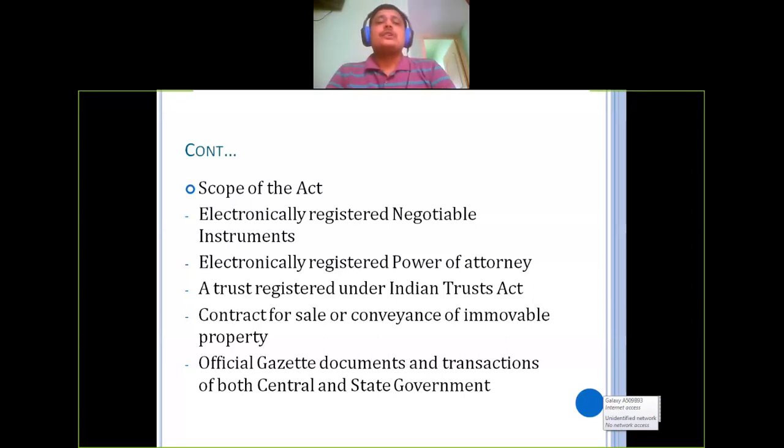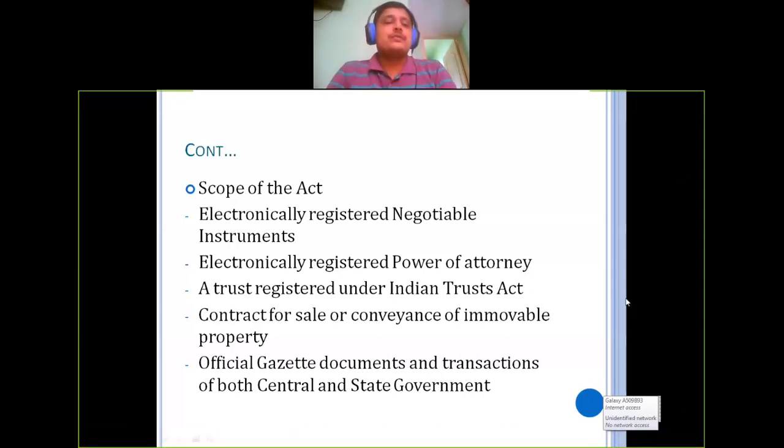Maybe our loan EMI transfer: on that specific day, the amount is automatically deducted from your savings bank account and credited to your loan account. Probably the electricity bill: on the day the bill is generated, the amount is automatically deducted from your account and deposited to the concerned authorities. So it is supposed to be secured. That is the second scope of the Act.